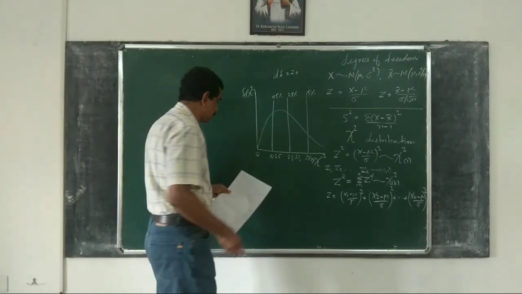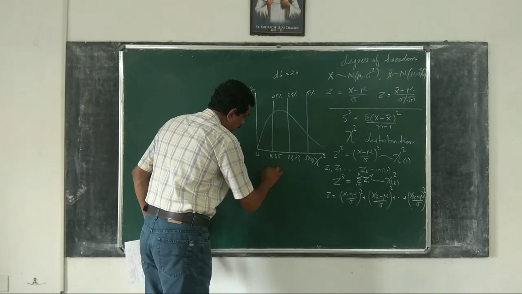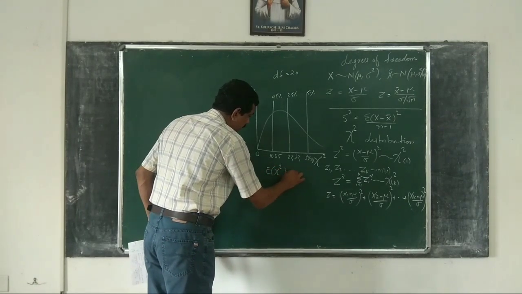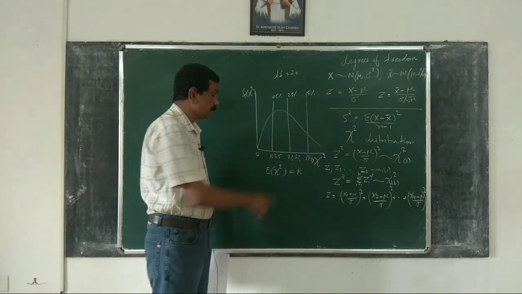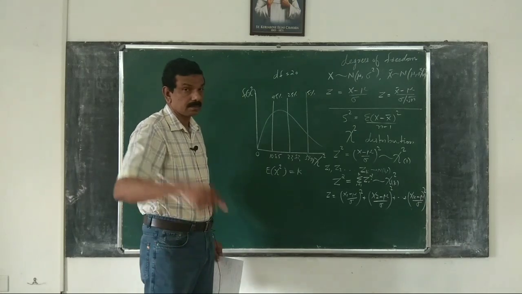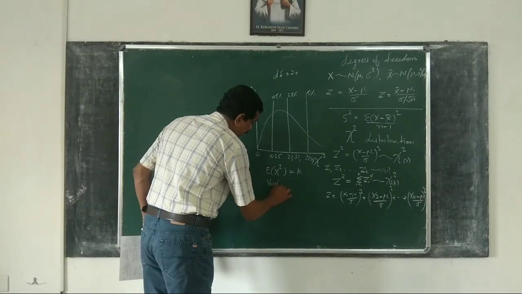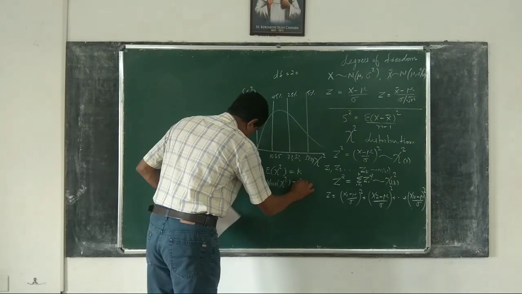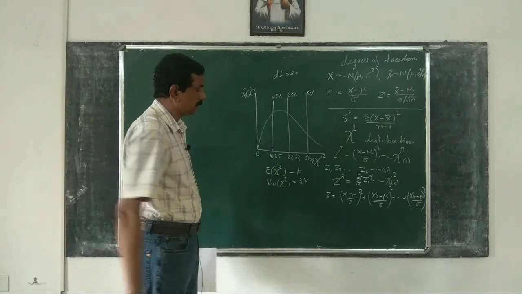Now, for the chi-square distribution, the mean, that is expected value of chi-square, is k, that is, degrees of freedom. And variance of chi-square is equal to 2k, where k is the degrees of freedom.